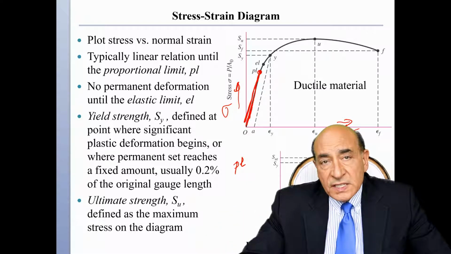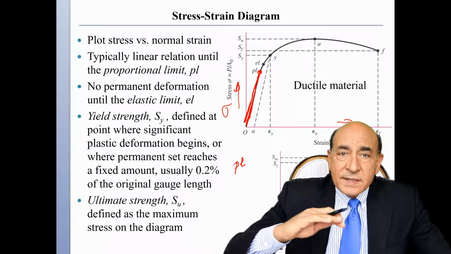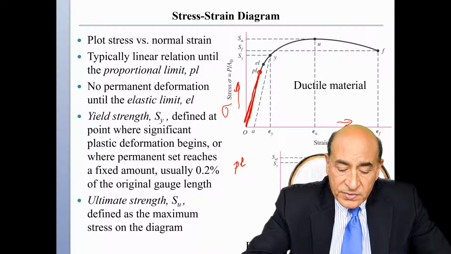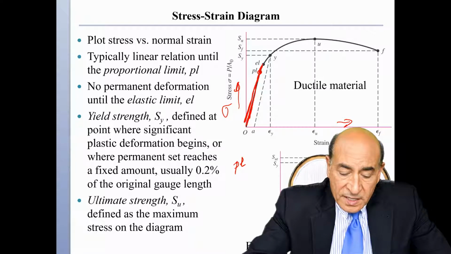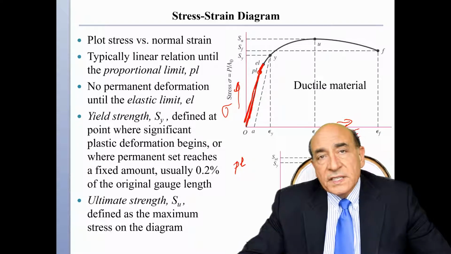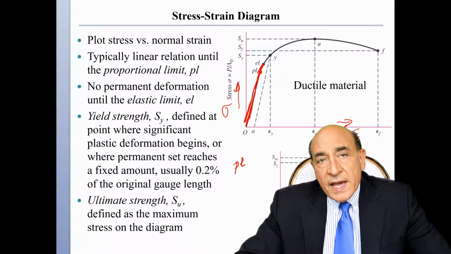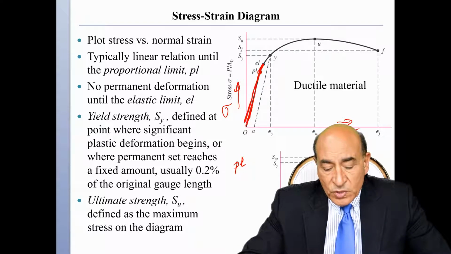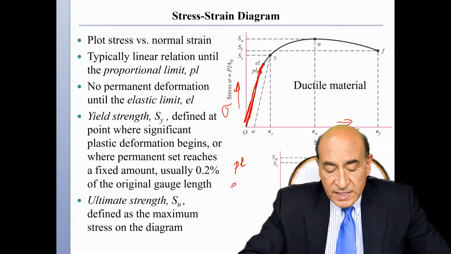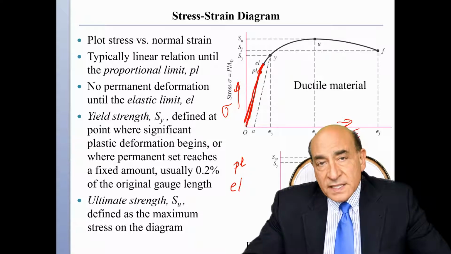Beyond the proportional limit, the material can exhibit some nonlinearity. If you just continue on here, you get a little bit of curvature in the stress strain curve, and we move to another point. The next point is called EL, and this is the elastic limit.